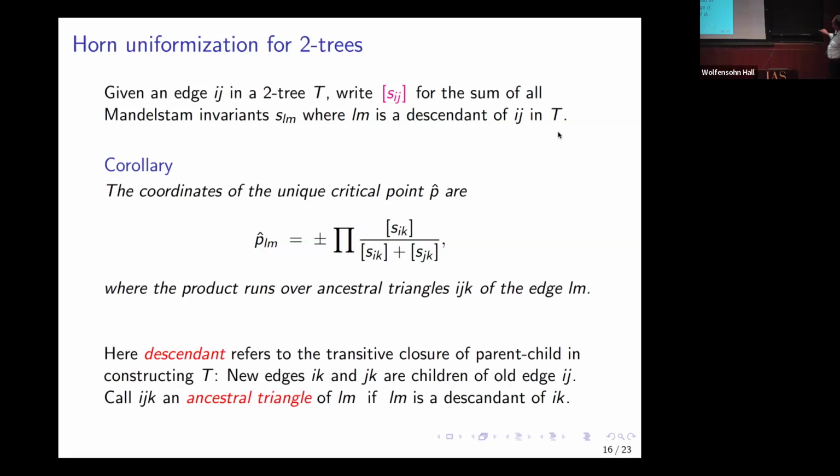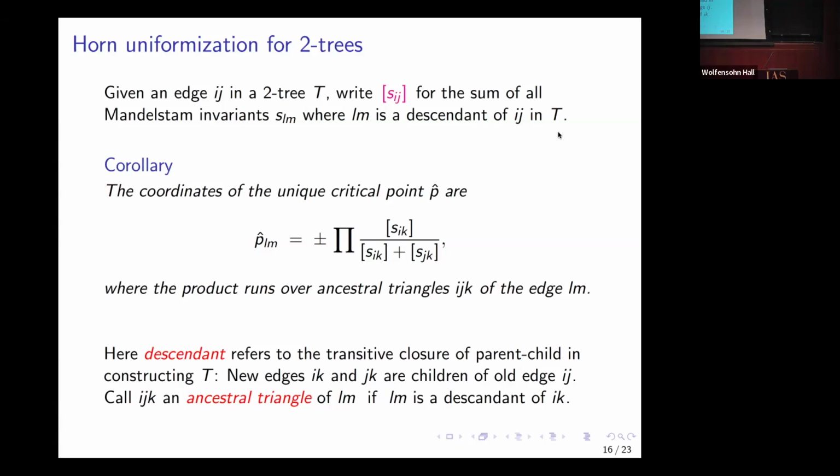So then I can also write this as follows. The Lm coordinate of our unique critical point is the product. In the numerator, I have bracket Sik, the sum, and then divided by Sik bracket plus Sjk bracket. And the product runs over all ancestral triangles ijk of the edge Lm. An ancestral triangle is a triangle earlier on, so this means Lm is a descendant of either ik or jk.